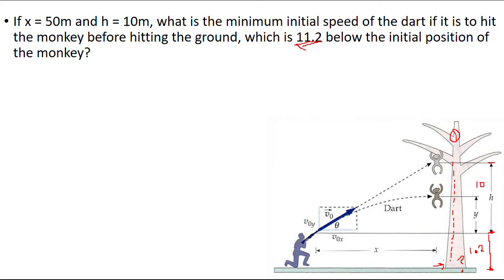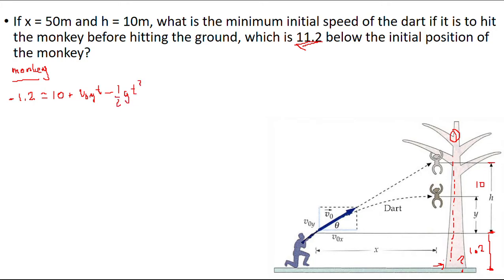So with that, we can start solving some things for the monkey. Here, we know that the finishing position is minus 1.2. That's this point over here at the bottom. Minus 1.2 is equal to the initial 10 meters, plus the initial velocity in y times t, minus a half of the gravity times t squared.